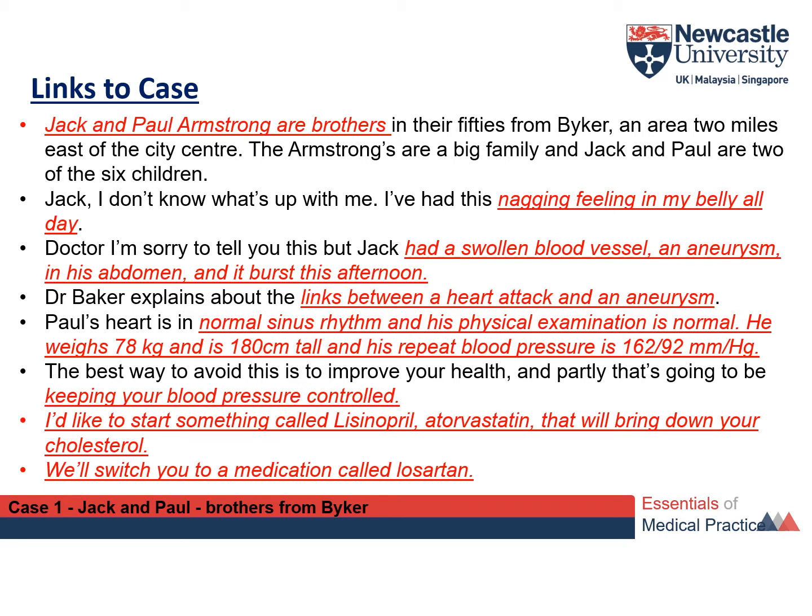Another thing is, look at one of the problems that Jack had. I hope you have read the case. The case is all about Jack and Paul Armstrong. They are brothers. Unfortunately, Jack died. Why? Because he had what we call an abdominal aneurysm.